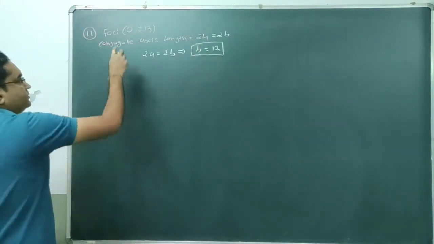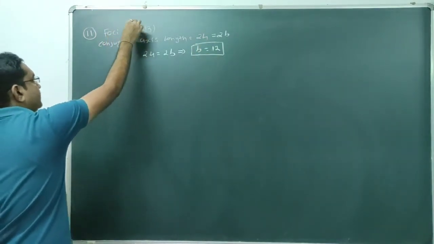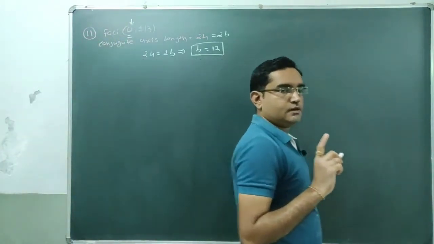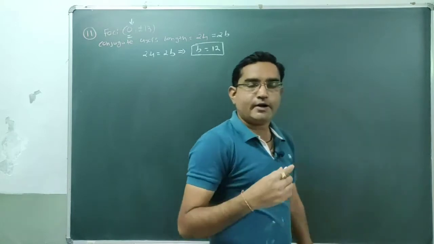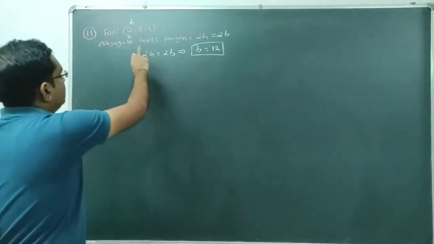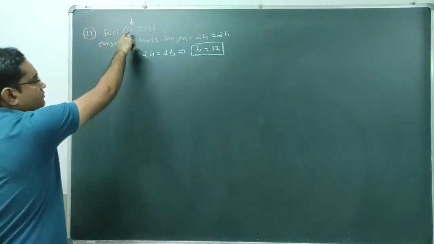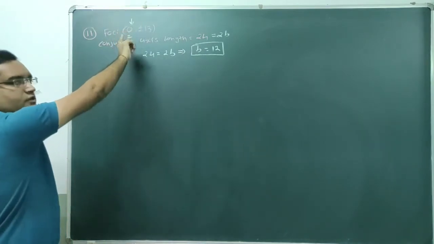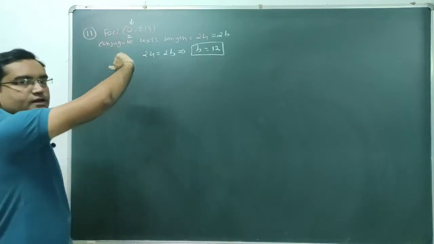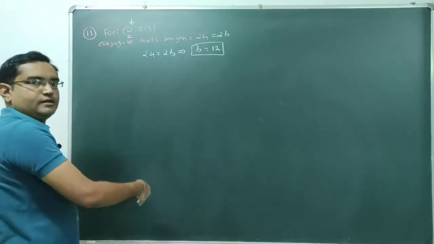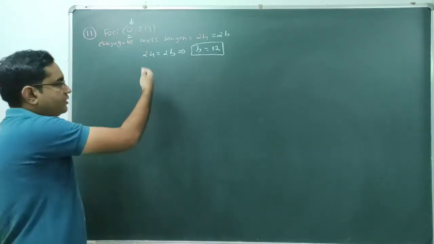And here, foci. Check the coordinates of foci. Here the x coordinate is 0, which means both the focus points lie along the y axis.